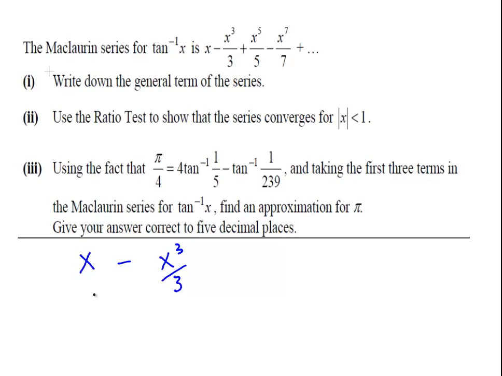Now, let's just suppose it was something different, 1 plus x squared over 2, or something like that, and so on. The important difference here is that there's a constant term at the start, whereas this one begins with x. Okay, so this is what we're dealing with.